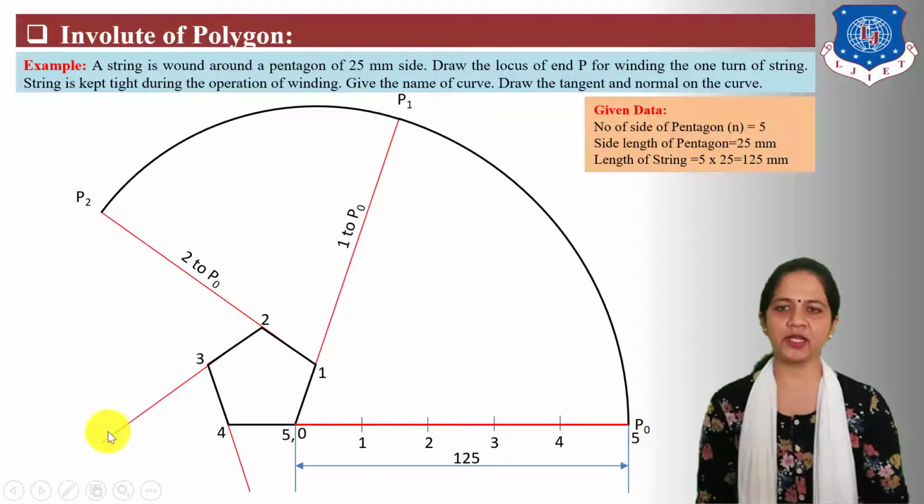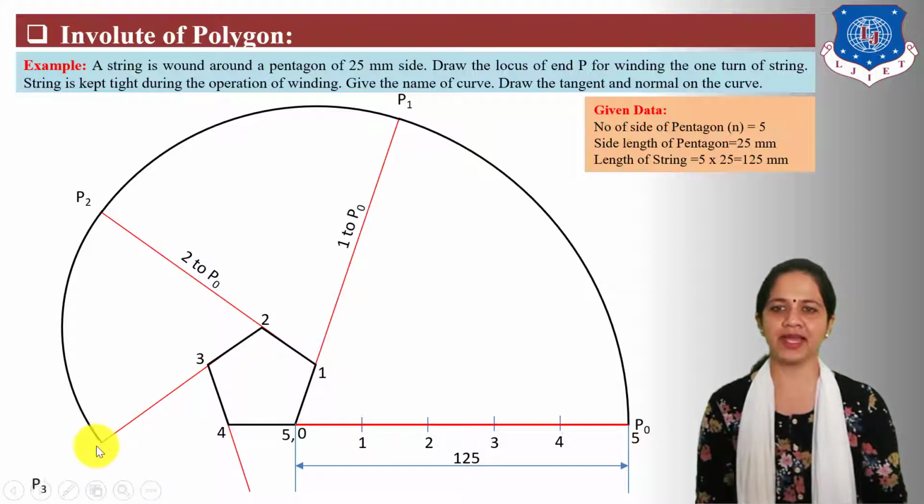Now for P3 locus point, take center 2 of the pentagon, radius 2P2 and draw an arc up to the third position of string and mark here P3 locus point. The length of string 3P3 is equal to 3P0 because at this position 3 sides are wound by the string.